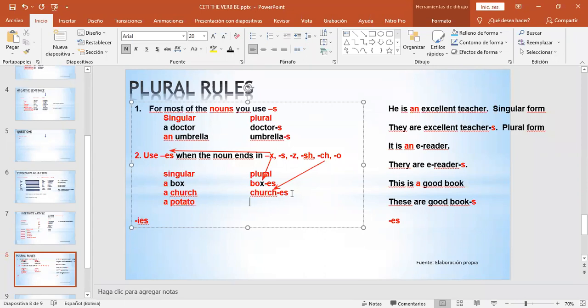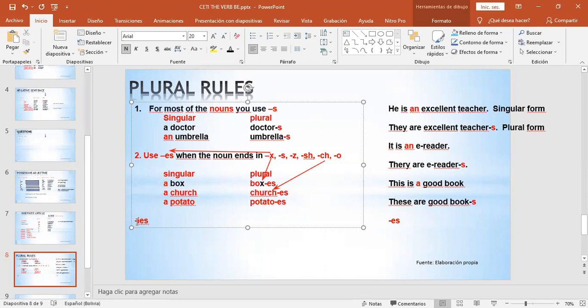Plural, potatoes. Potato, that is more Spanish. So we have to say potatoes. Yes. Okay. Good. This is rule 2.